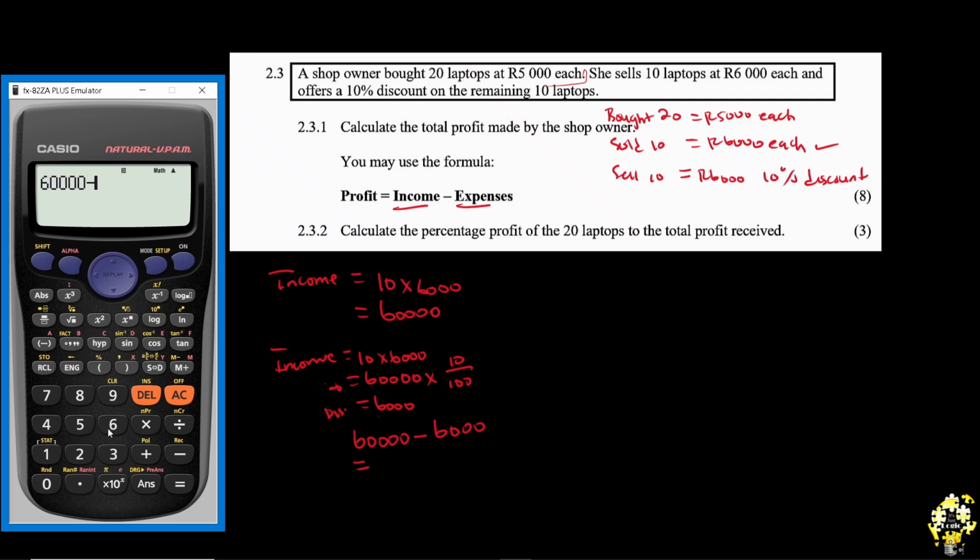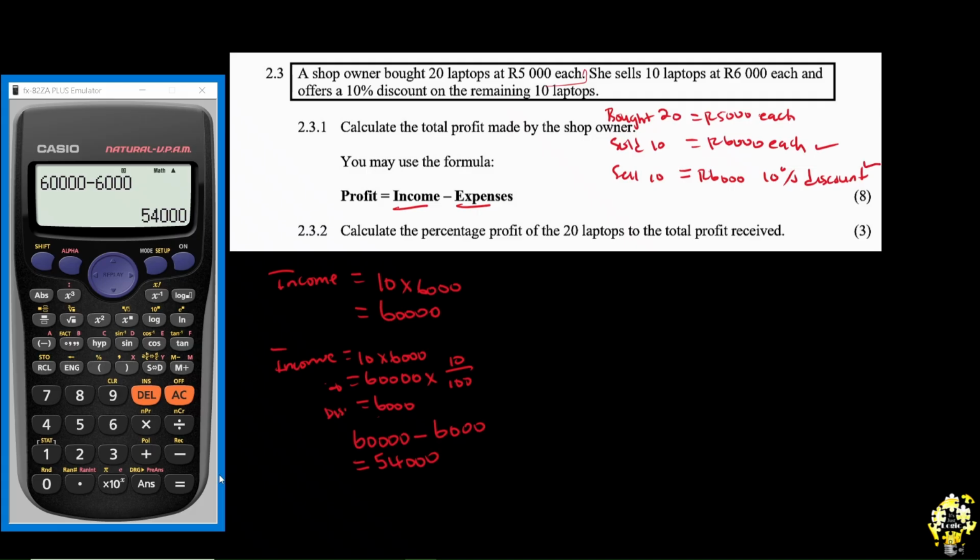60,000 subtracting 6,000. Someone could have done it in just one line, and they would have ended up with 54,000 for these remaining 10.